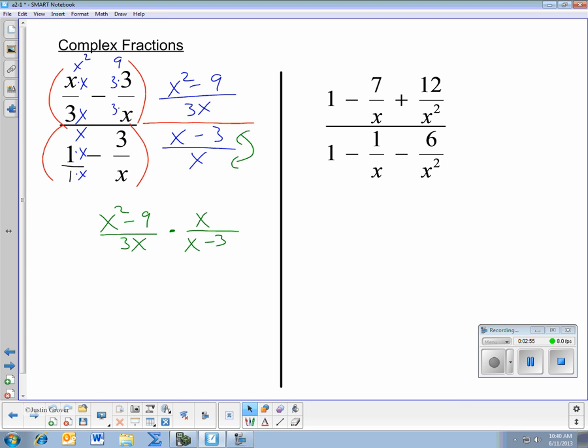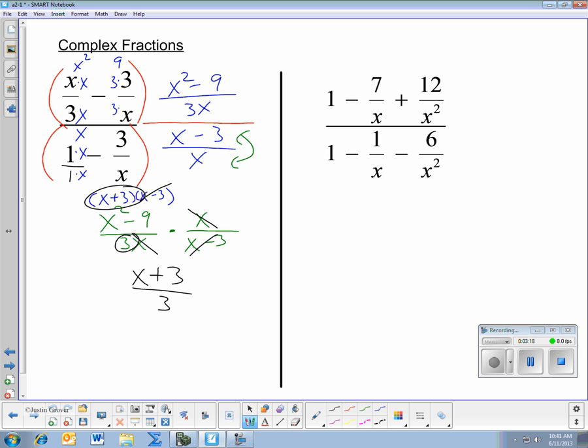And from here, it's a basic factor, cross out, simplify type of situation. The x squared minus 9 is very recognizable, x plus 3, x minus 3, and that's really it for the factoring. But I can cross out a common x minus 3, I could cross out this common x, and what I'm left with on top is x plus 3, and what I'm left with on the bottom is just 3.